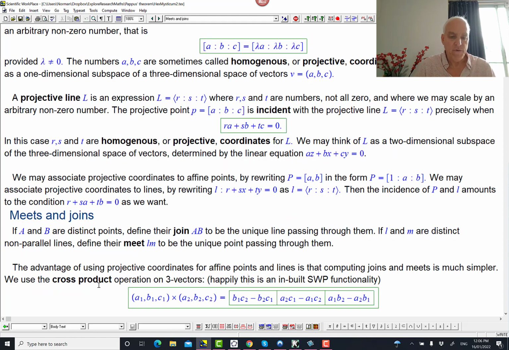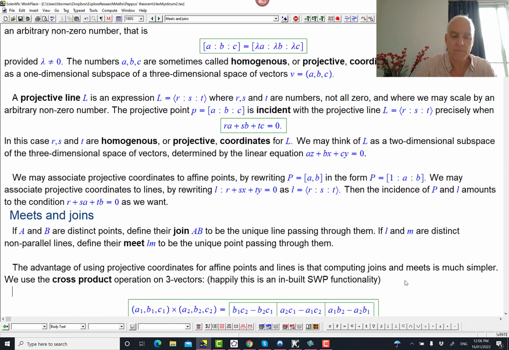Now, the advantage of using projective coordinates for affine points and lines is that computing these joins and meets is then much simpler. We can rely on the cross product operation on 3 vectors. Now, this is happily a built-in function in Scientific Workplace. I'll just show you that.